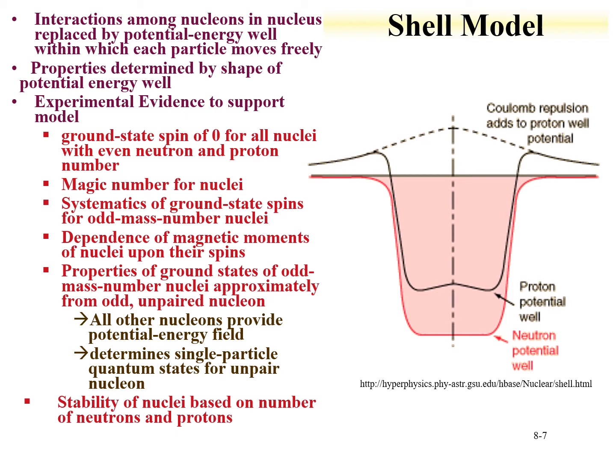So if I have an odd A nucleus, all the nucleons are paired except for one, and that one unpaired single particle provides the properties for the nucleus. That's fundamentally one of the bases of the shell model. One of the other things with the shell model that can be derived is stability of nuclei based upon the number of neutrons and protons.